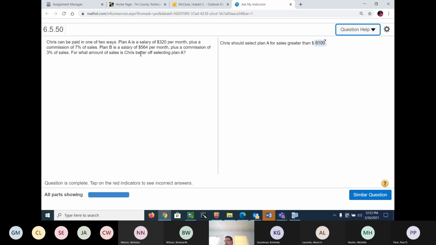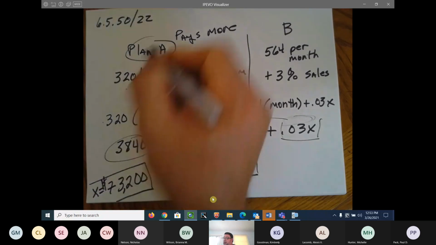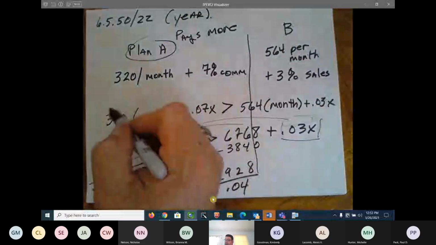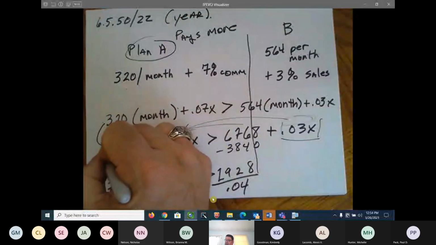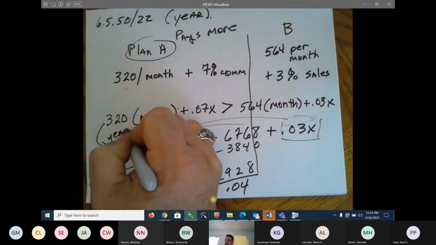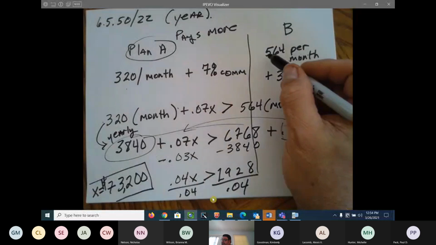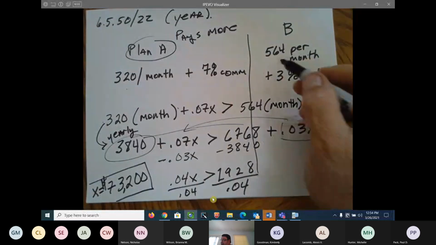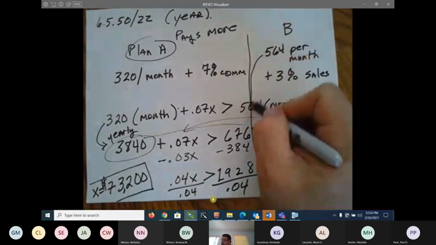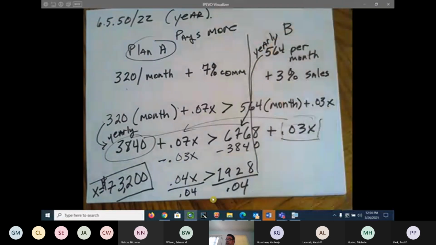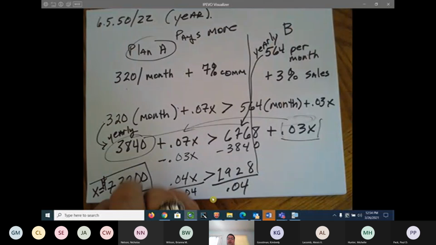Because I multiplied by 12. I figured it for the year. I turned 320 into a yearly salary, and I turned 564 into a yearly salary. So I'm going to go back and we're going to do it just for the month.